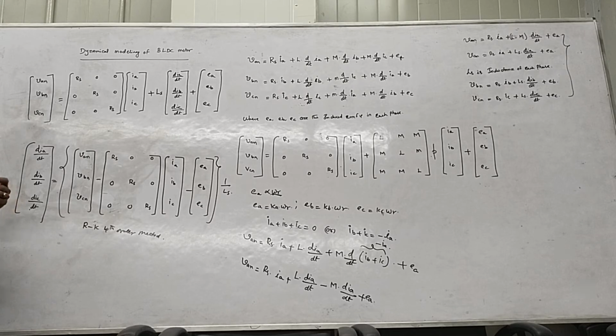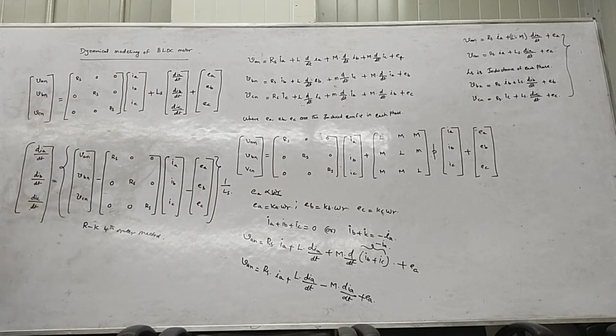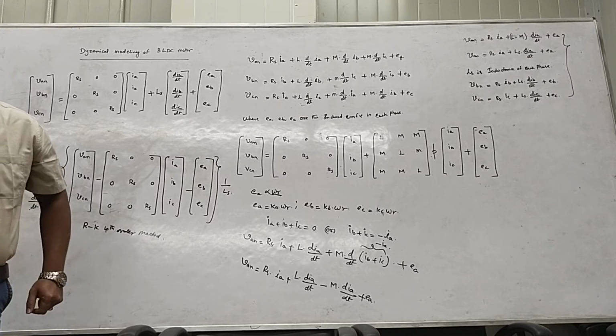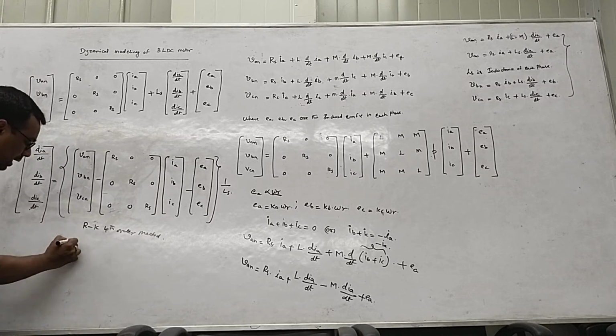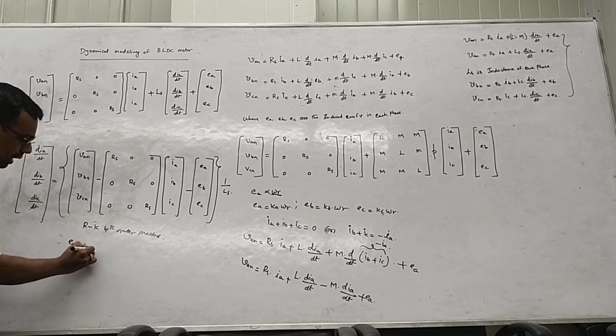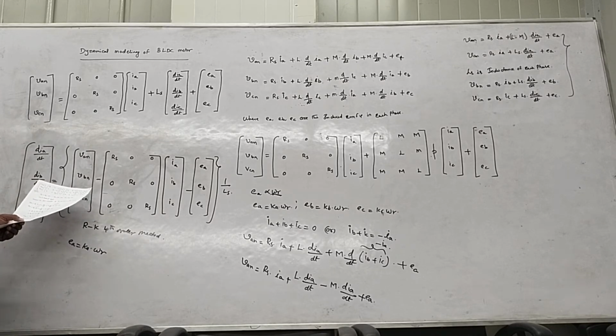Our intention is to find the mechanical power developed in the brushless DC motor, the expression for the speed omega R, and also the expression for the electromagnetic torque. We have EA equal to Ka into omega R, so omega R can be obtained from that.